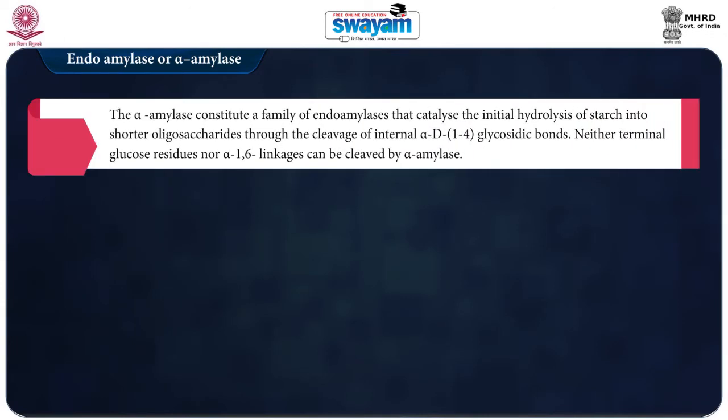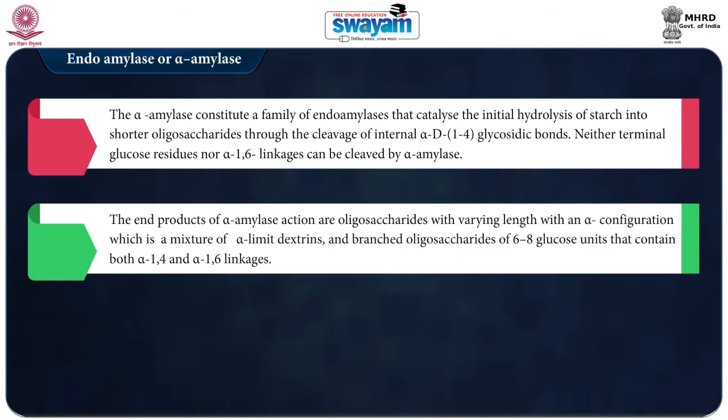The alpha-amylase constitutes a family of endoamylases that catalyze the initial hydrolysis of large starch molecules into shorter oligosaccharides through the cleavage of internal alpha-D-1,4 glycoside bonds. Neither terminal glucose residues nor alpha-1,6 linkages are cleaved by alpha-amylase.